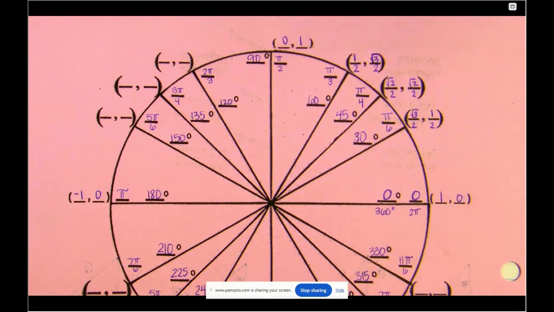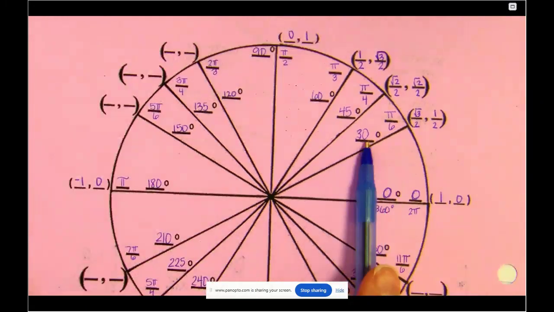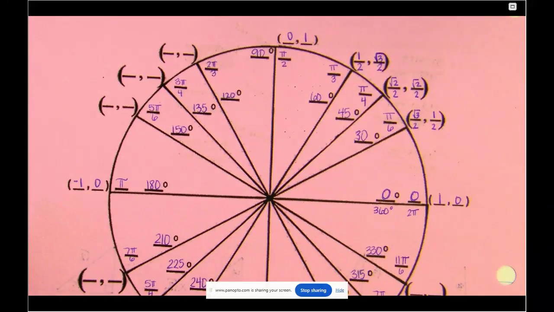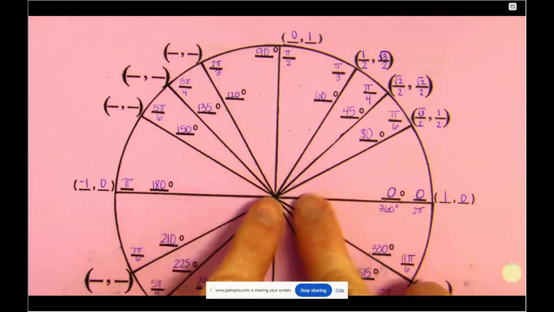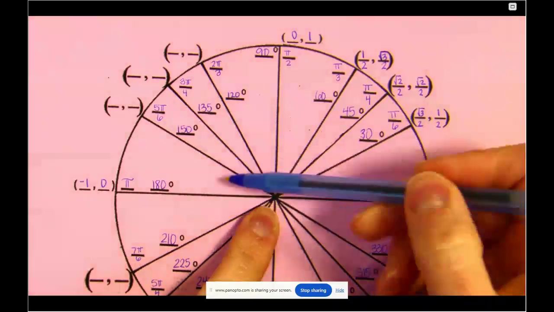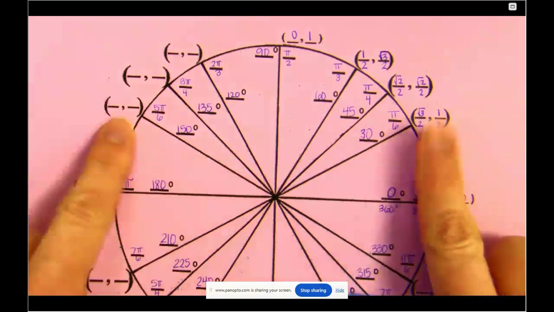So let me ask you this question. 30 degrees is related to what angle in this quadrant? Is it quadrant 2 over here? Nope. 150. Okay? Because this is 30 degrees from the horizontal, right? So this guy's also 30 degrees from the horizontal.